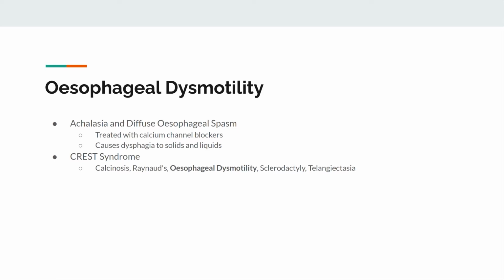The C is for calcinosis, R is for Raynaud's, which I've spelt wrong there, E for esophageal dysmotility, S for sclerodactyly, and T for telangiectasia. So this is an interesting thing, and I've actually got a patient in the hospital with this. The calcinosis, if you Google them, they're like these little lumps that once you see them, you know what they look like.